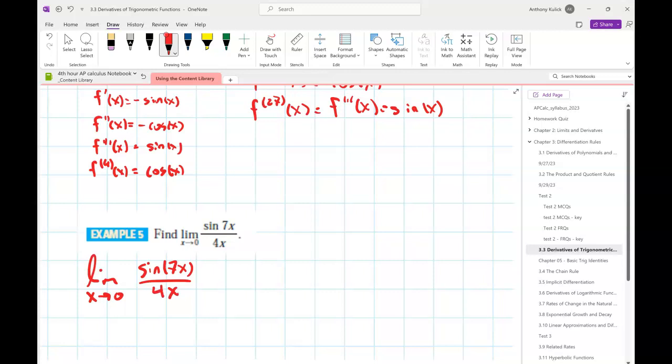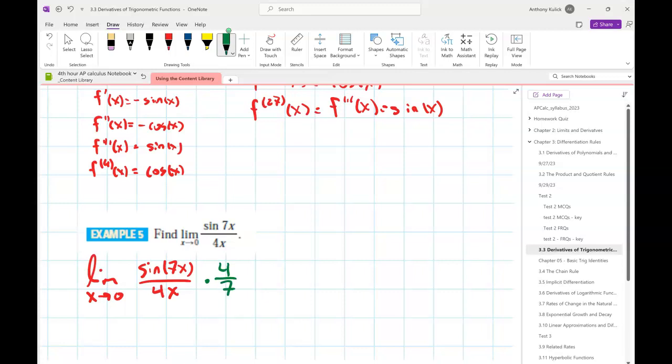Excellent. Right, we can't get access to the stuff inside the sine, but it's pretty easy to get access to the 4 there, right? What would I need to multiply that by to cancel out the 4 and replace it with a 7? You mean 4 over 7?